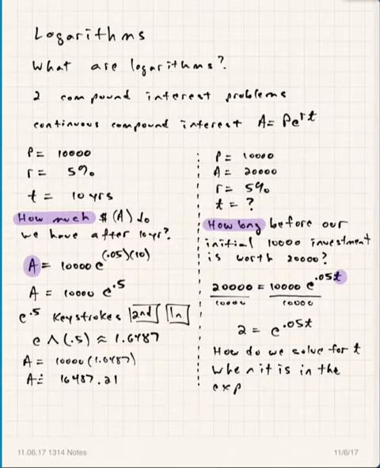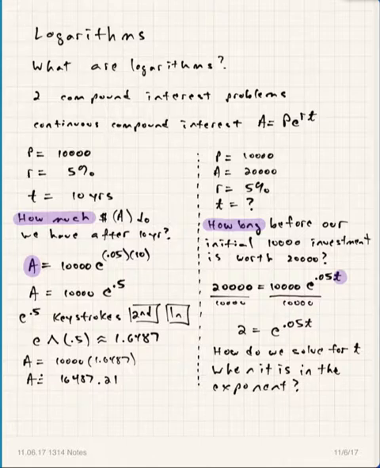How do you solve for that t value, that unknown, when that unknown is actually in the exponent of an exponential expression? Because if we're going to solve for t, we need to get that t by itself, and we don't want it to be in the exponent anymore. So how are we going to go about doing that? That is the central question here.